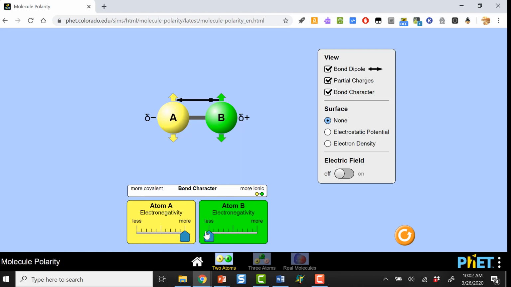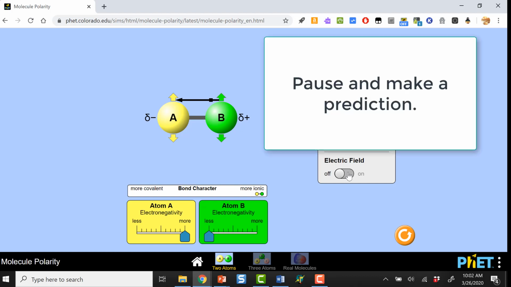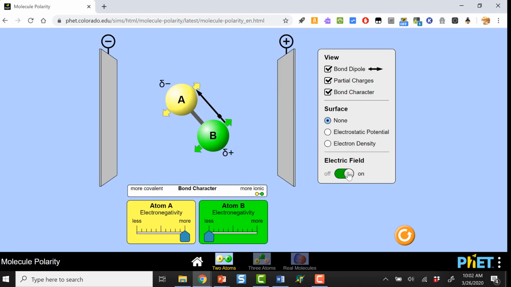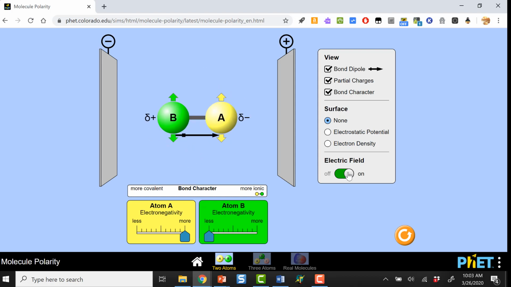I'm going to shift atom A so that it's the negative atom, and atom B so it's the positive atom. What's going to happen when I turn on the electric field? Did you predict that? The molecule flipped. It's because of Coulombic attraction. Opposites attract.